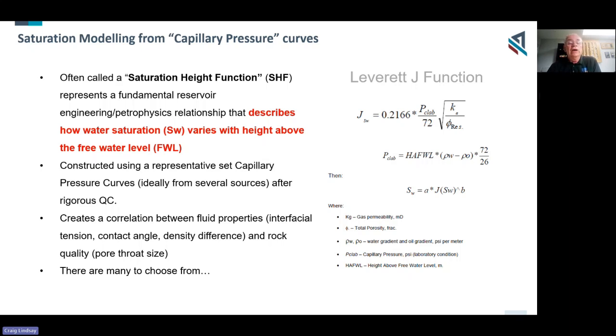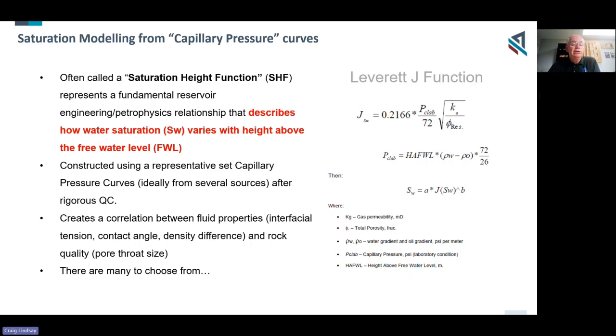And then we convert the laboratory pressure units into reservoir pressure units, and we're able to come up with a formula that we can apply in the reservoir. If we know porosity and permeability, and we know height above free water level, we can calculate water saturation.